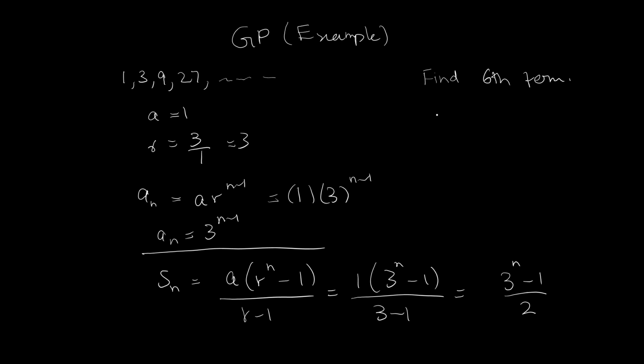For example, find the sixth term. An is 3 to the n minus 1. So A of 6 would be 3 to the 5. Just look at the MCQs and you will have this answer. Similarly, just find the sum of the first 6 terms.